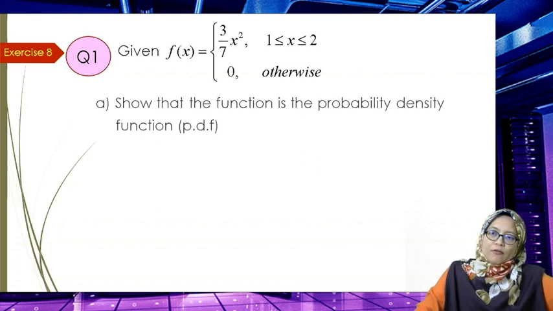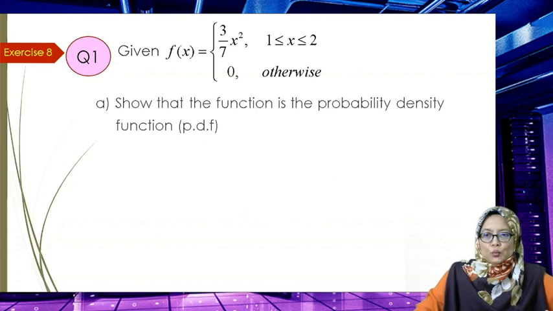Look at question 1, exercise 8. You are given the function 3/7 x squared for the interval 1 to 2. We have to show that the function is a probability density function. We follow the basics from earlier, because we want to find the area under the curve.